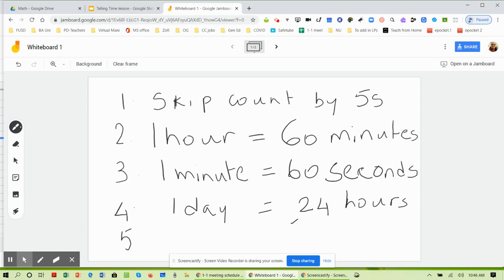So when you make a math mountain, it's 12 plus 12 makes 24, right? The first 12 hours is AM, and the second 12 hours is PM. The first has 12 hours starting from midnight to noon, right before lunch, and again from 12 noon all the way to midnight the next day, it's 12 hours. So that's how it is, and you will learn about it as we keep going.